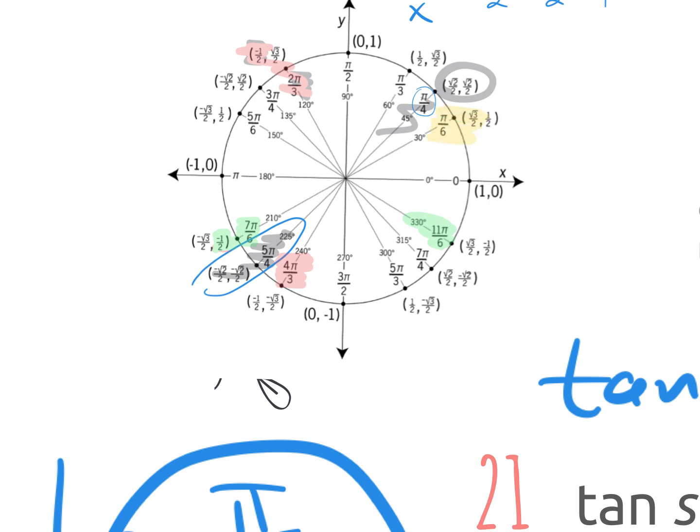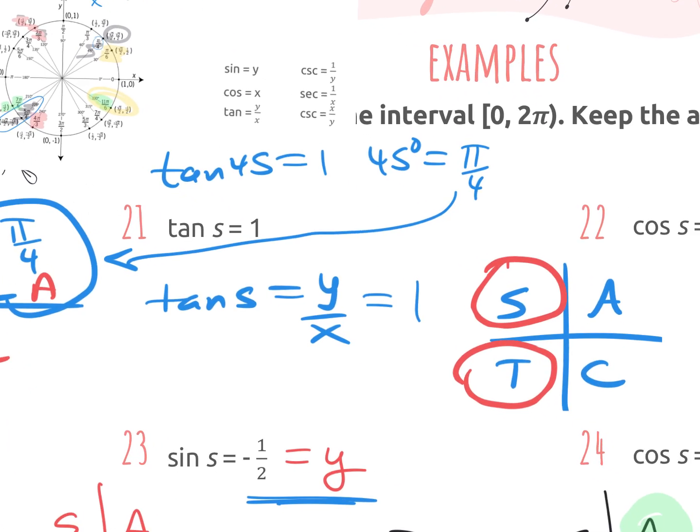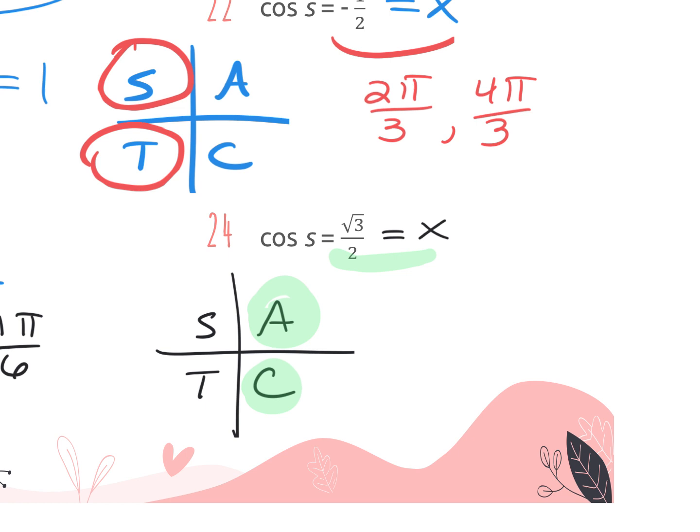And then in quadrant 4, it's 11 pi over 6. Once you find one of the angles, then just look for the same denominator in the other quadrant where it's either positive or negative, whatever you're looking for. So the answer to 24 is going to be pi over 6 and 11 pi over 6.